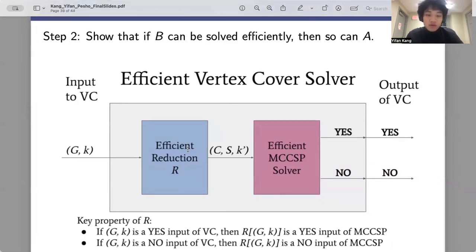The key property of the reduction is that if the input is a yes input of the vertex cover, then after the transformation it becomes a yes input of the MCCSP. If it's a no input, then it becomes a no input of MCCSP.